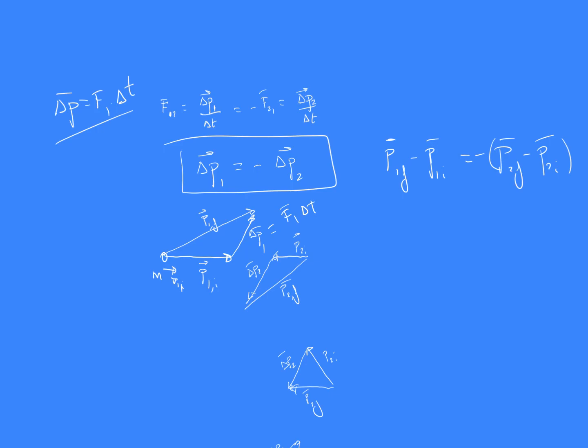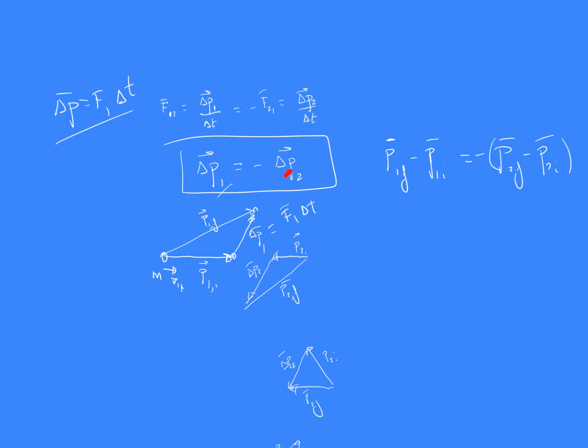Now what happened with P2? Because the change in P1 goes from the head of P1 initial to the head of P1 final. So what happened with P2? Imagine that P2 is moving like this. So the change in P2 is the same change that P1 has done, but in the opposite direction.